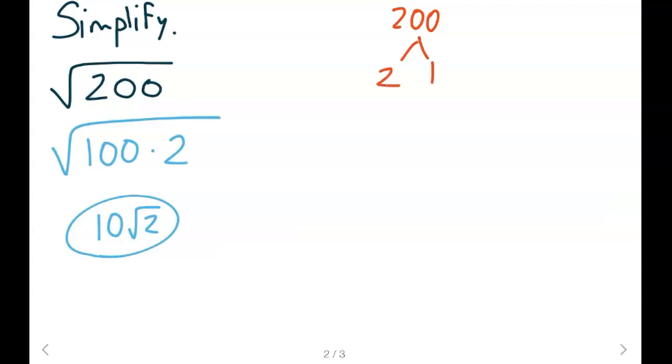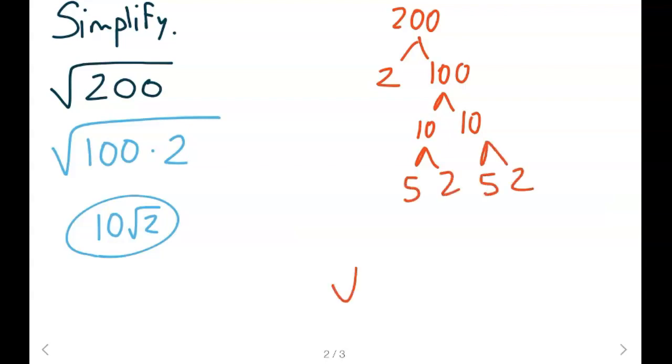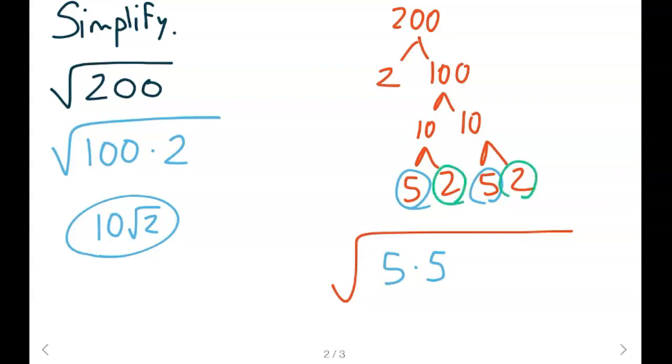You still might think of 2 times 100. Maybe on 100 you think of 10 and 10. On 10, 5 and 2, 5 and 2. So the prime factorization here is 2 factors of 5 and 1, 2, 3 factors of 2.